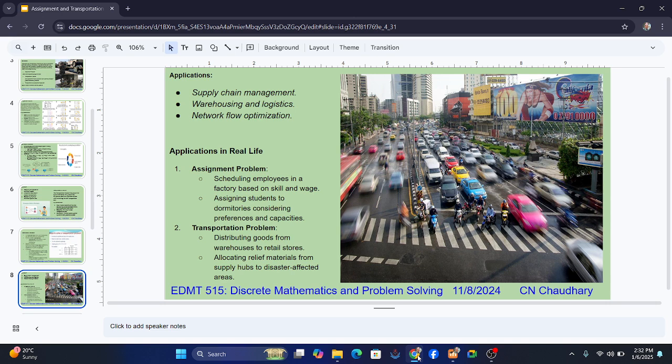Now, talking about the application in real life of the transportation problem. First, distributing goods from warehouses to retail stores. Number second, allocating relief materials from supply hubs to disaster affected areas.